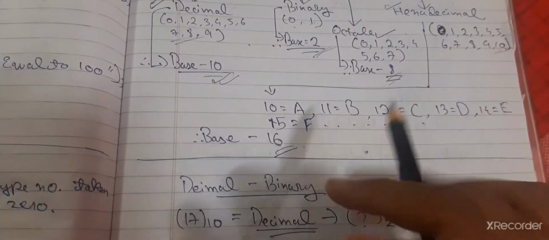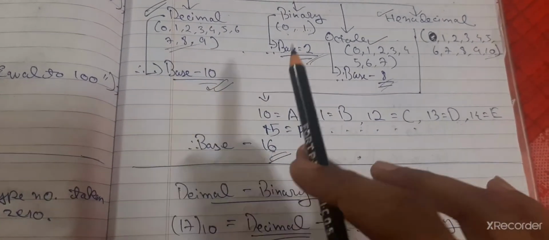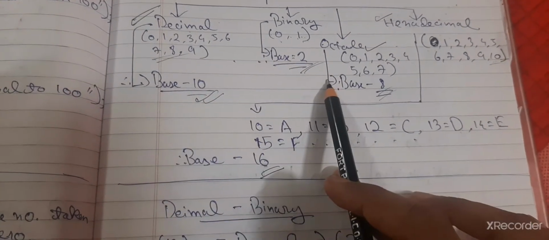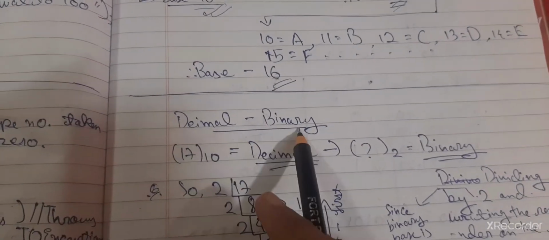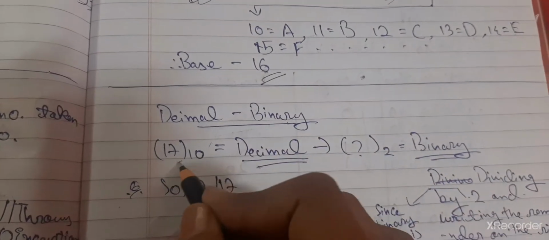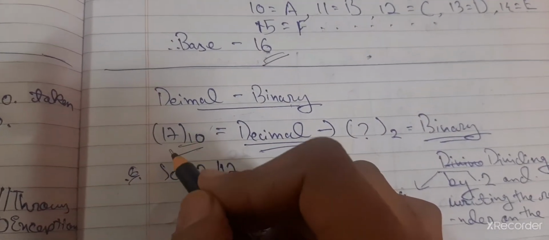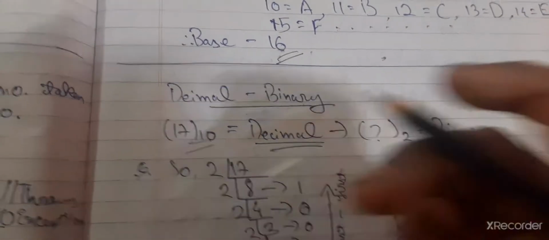Now, we can convert decimal to binary, that is, from one number system to another number system by following certain methods. First, we learn the decimal to binary conversion. Any number written in this format is considered as a decimal number. 17 bracket 10 is a decimal number.